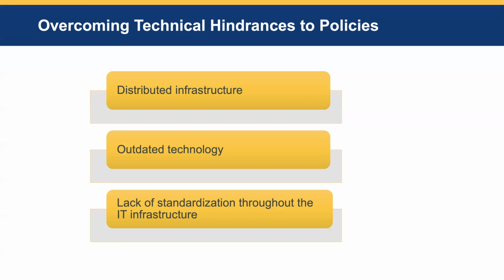And then we want to write different sets of policies for the outdated technologies as well. With this in mind, the ideal solution is to replace all outdated technology, but we have to keep some tenets in place to ensure that that happens in an effective manner.